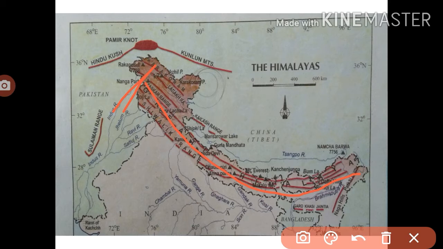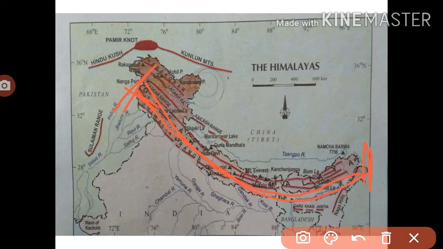They form an arc which covers a distance of about 2400 kilometer, and this distance is from the west side to the east side, 2400 kilometer.